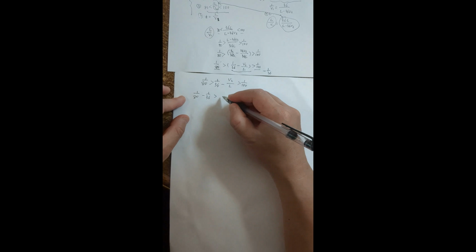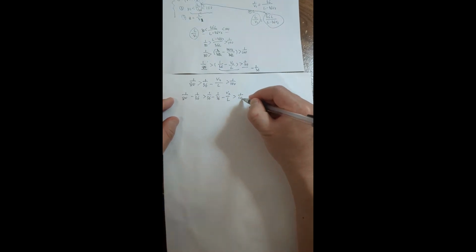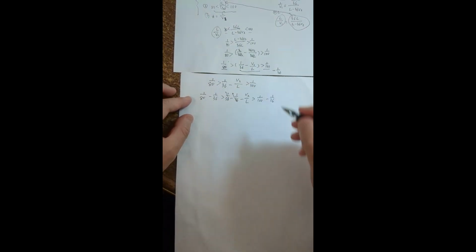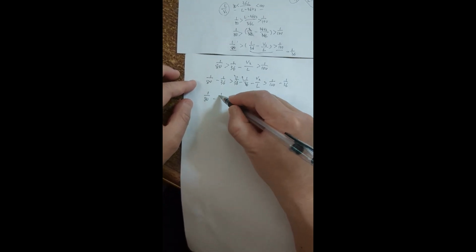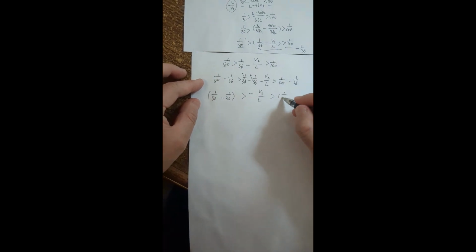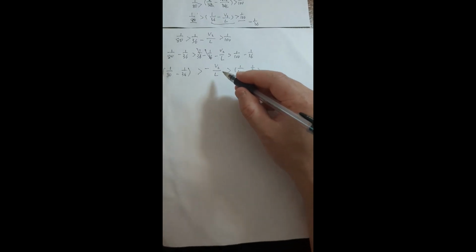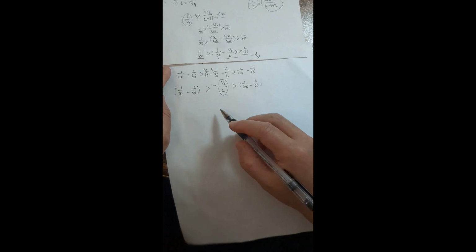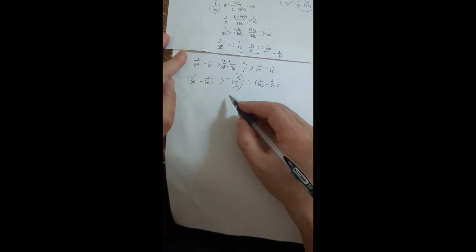Minus 1/36, and then we can see this is V2 over L. I need to remember that we need to change to the expression of L over V2, so first I need to take out the minus sign: I multiply by -1 on all three parts of this expression.